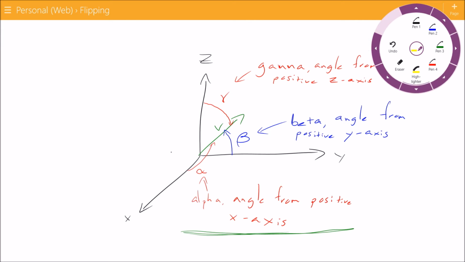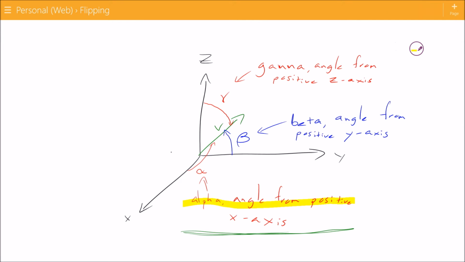Actually, let me use the highlighter. There we go. Down here, this is our original alpha that we have seen before. Now we're adding to it the angle from the positive y-axis. That's right here with beta. And then the last one is the angle from the positive z-axis, and that is gamma.